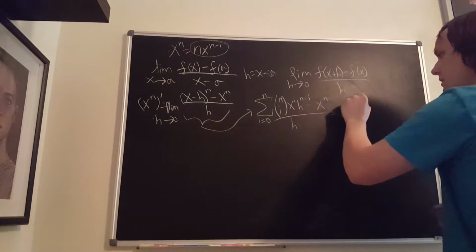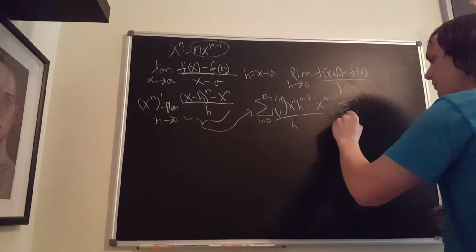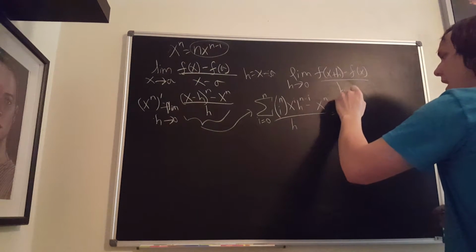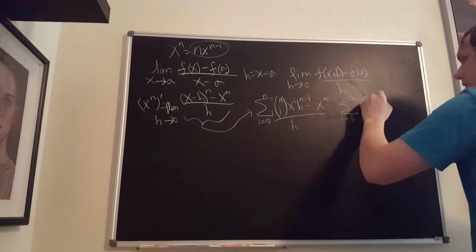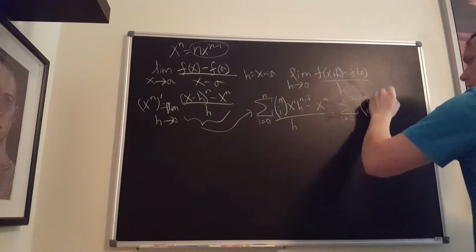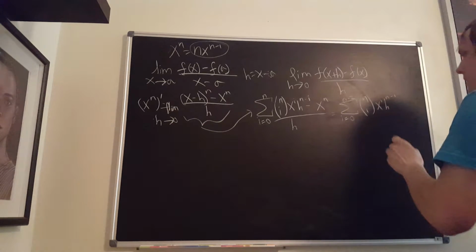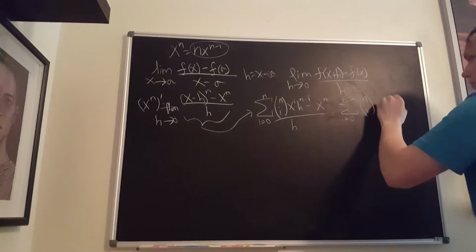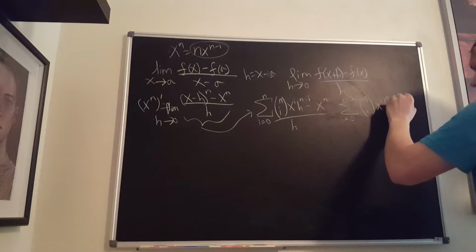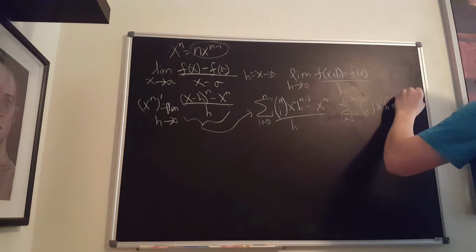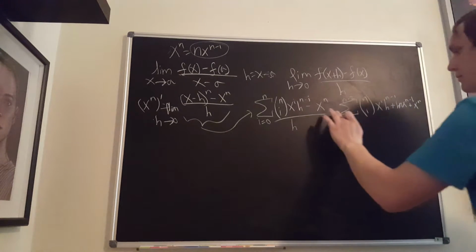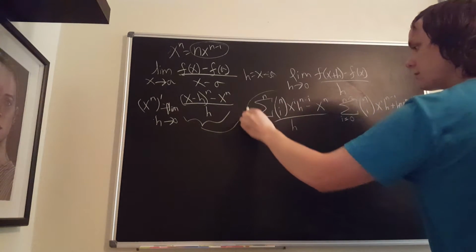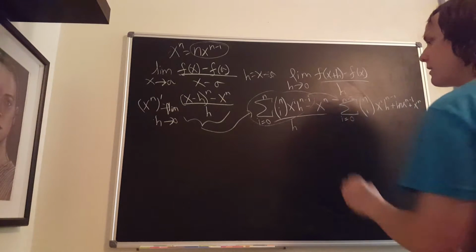So we're just going to set this equal to the sum from i equals 0 to n minus 2 of n choose i, x to the i, h to the n minus i, plus h n x to the n minus 1 plus x to the n. This is just this guy.